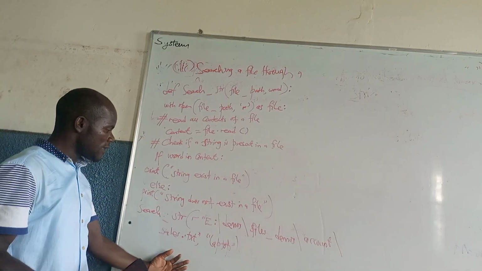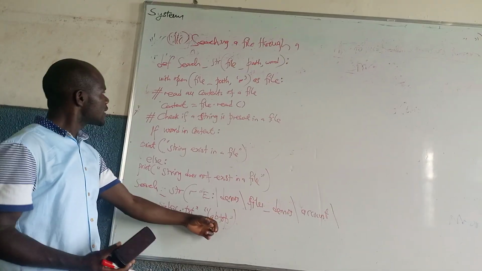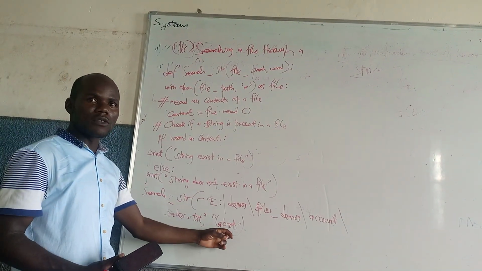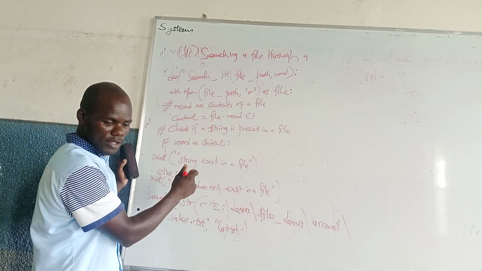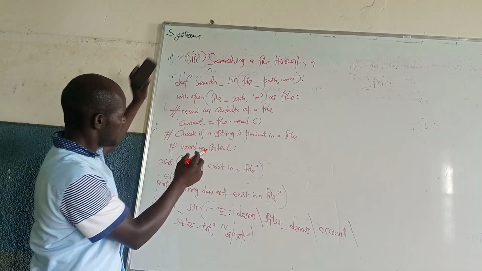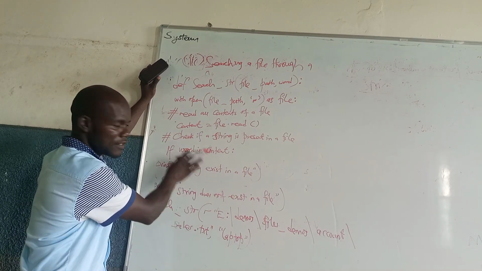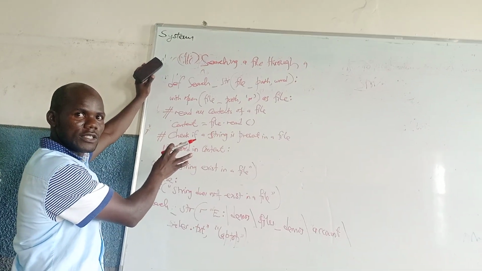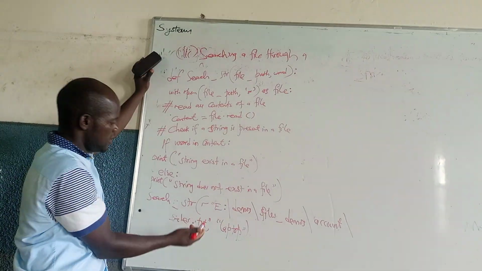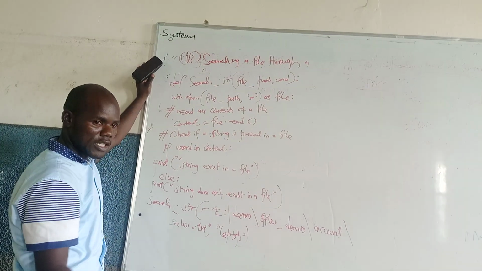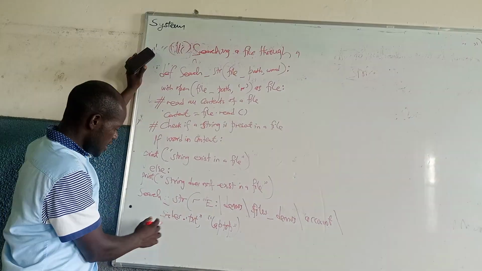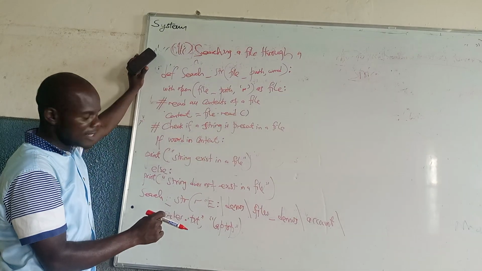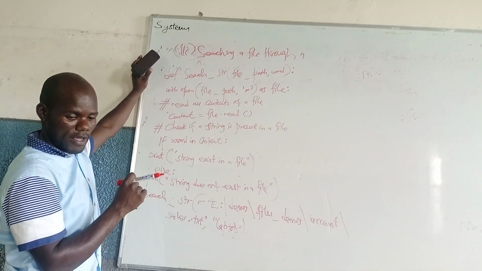So at the end of the day, this is the content we are talking about, together with the search, whether there is a string in this content. Yes. So it outputs: the string exists in a file.